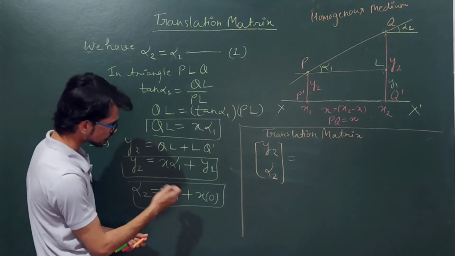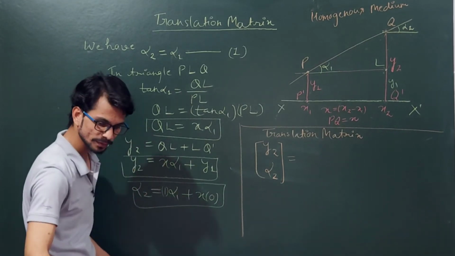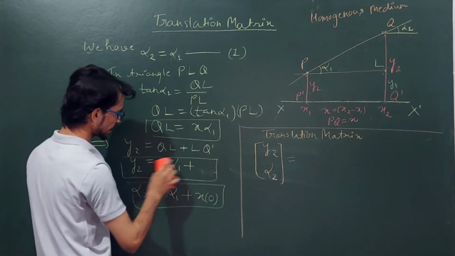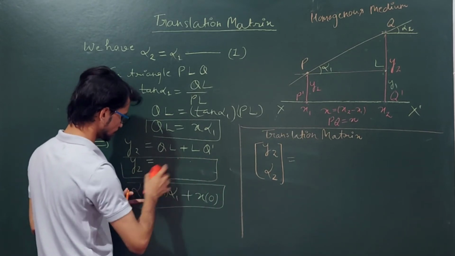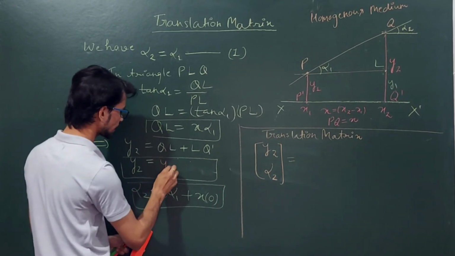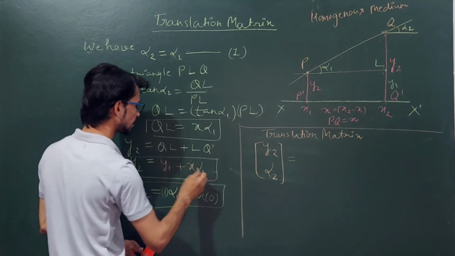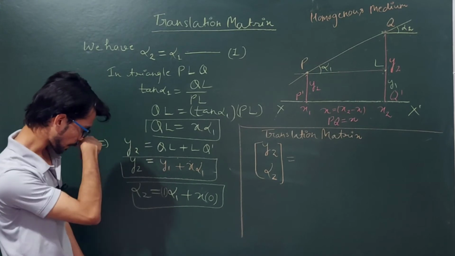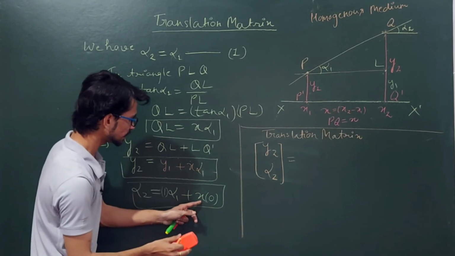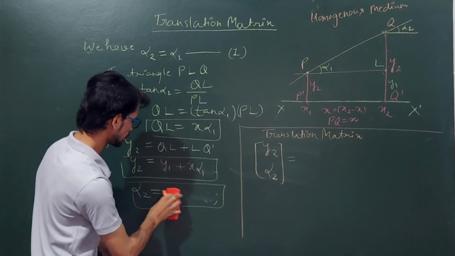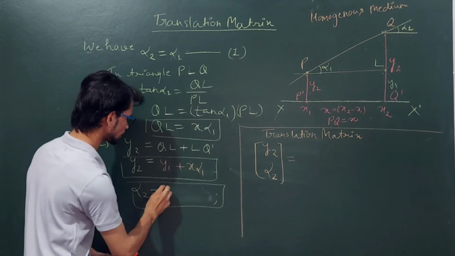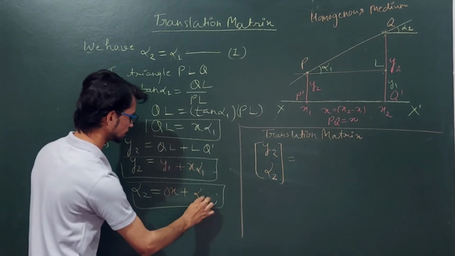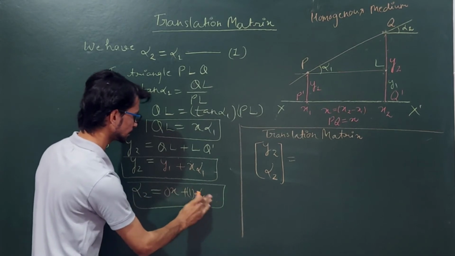I am just changing the form of this equation. I am writing y1 first and x alpha 1 second. So this is y1 here and this is x alpha 1. There is no change in the fundamental nature of this equation. Again I am writing 0 times y1 plus 1 times alpha 1.